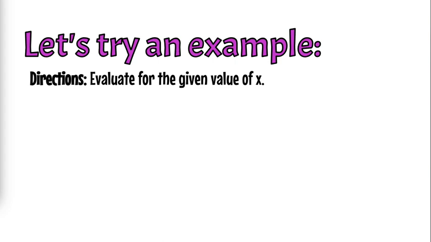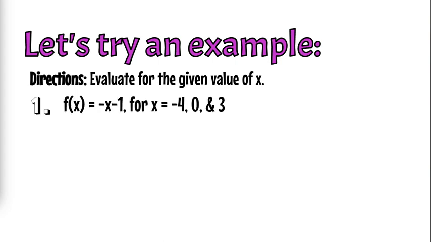Let's try an example. So if we want to evaluate this function f of x equals negative x minus 1 for x equals negative 4, x equals 0, and x equals 3. So we'll start with f of negative 4. We plug in negative 4 for every x we see in our function f.